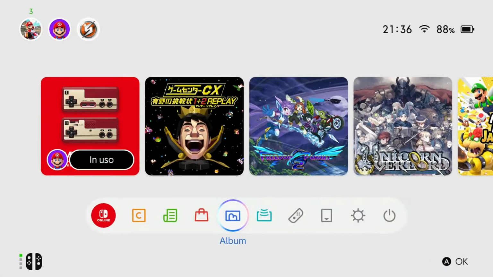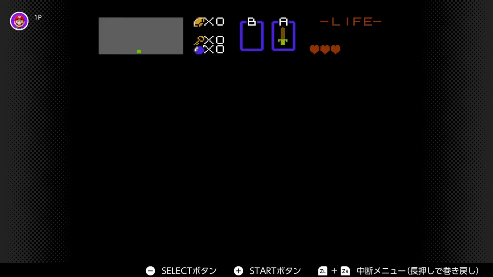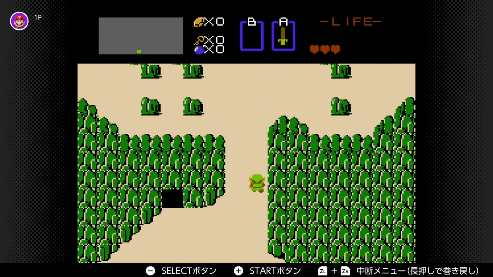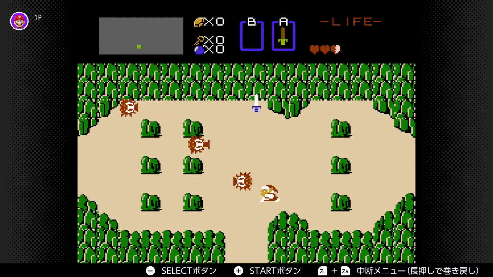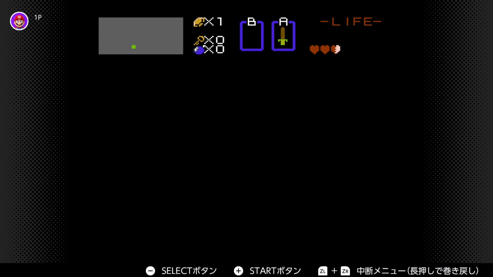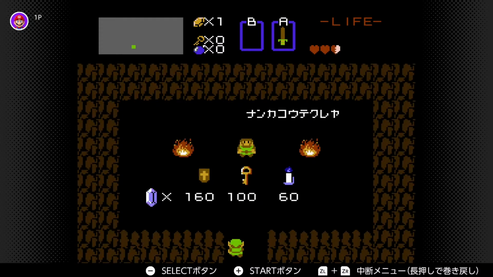Okay. We can now actually start the game by going up. Hitting some Octoroks. Let's enter here for a moment. And this character says Nanka Kote Kure Ya.